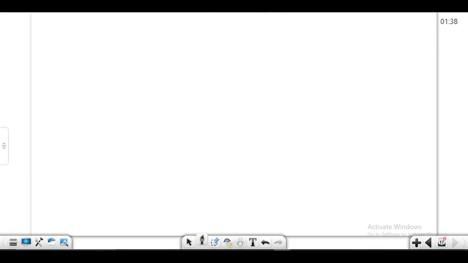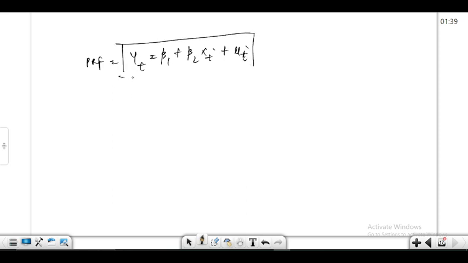So suppose, why are we doing this? Suppose we have a PRF which is Yt at any time t equals beta 1 hat plus beta 2 hat Xt plus ut. So suppose I have a population regression function which looks like this.